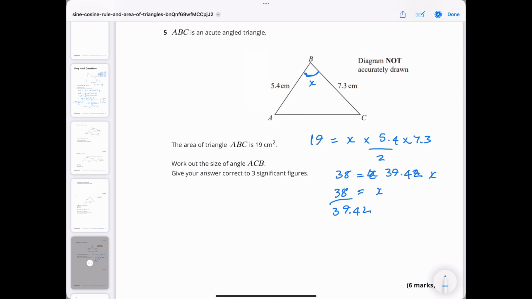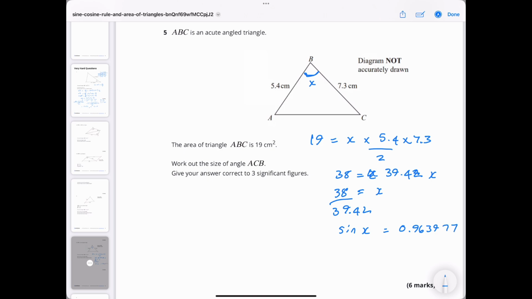Let's do 38 divided by the answer, and that would be 0.9639-ish. So sine of x equals 0.963977, etc.